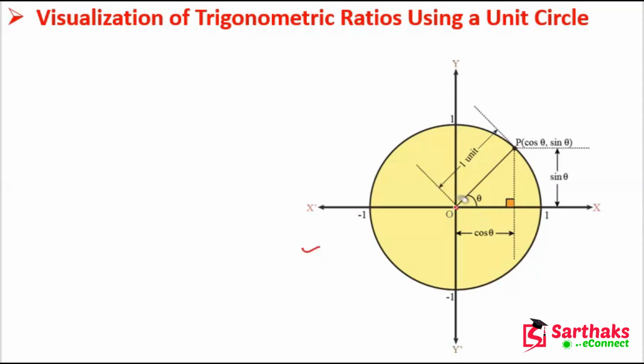Let's draw a line segment OP. It is a radius of the circle, and it makes an angle theta. This is the theta we are talking about.